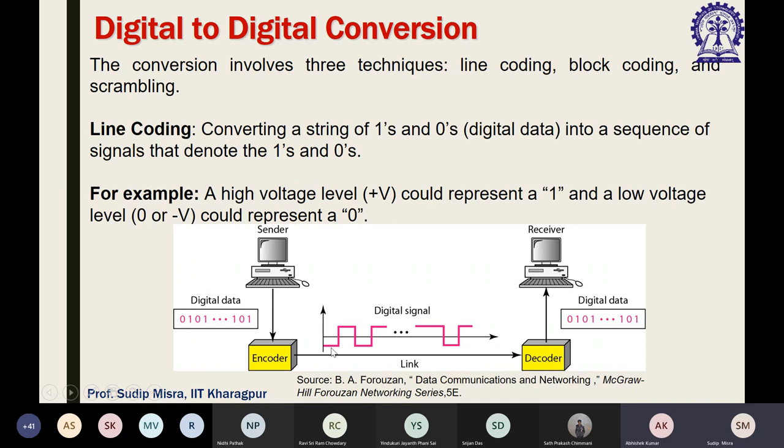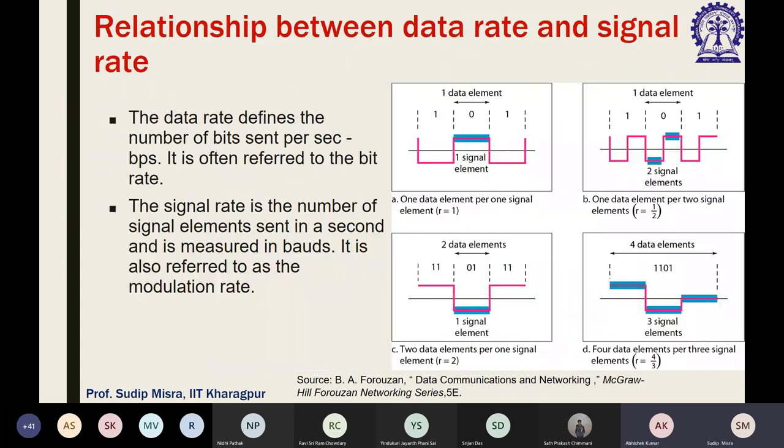Negative voltage 0, positive voltage 1, negative voltage 0, positive voltage 1, or it could be the other way around, depending on how it is encoded. Some representation signifying that 0 means minus 5 volts, 1 means plus 5 volts, like that is going to be transmitted. So this is one way, a very naive and primitive way in which this encoding can be done.